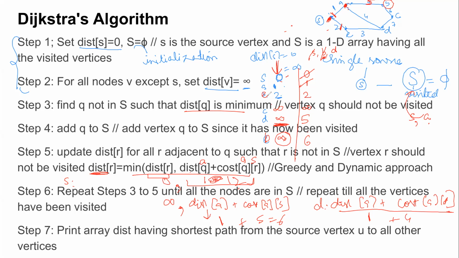You have E 2, C infinity, D 5, B 6. You will choose E. Now again, same rule: find the neighbors of E and update their table. You repeat this till all the nodes come in the visited set. Once that is done, you identify the routes you have chosen, like for B you chose this, for D you chose this, and so on.